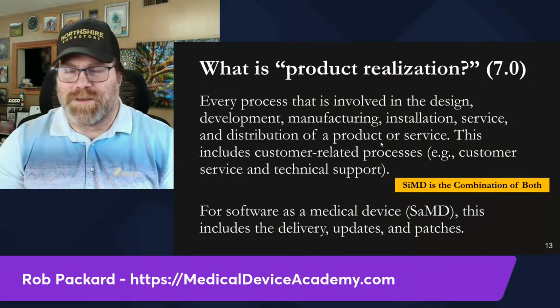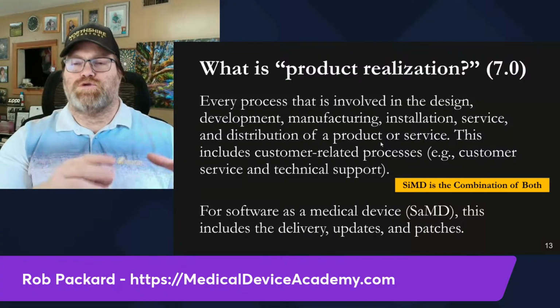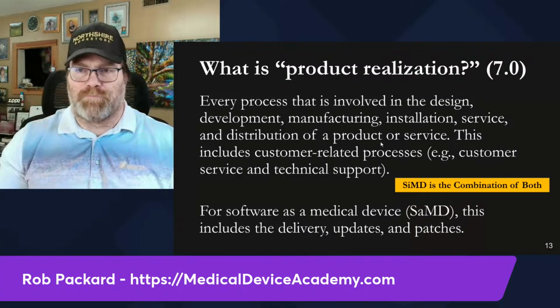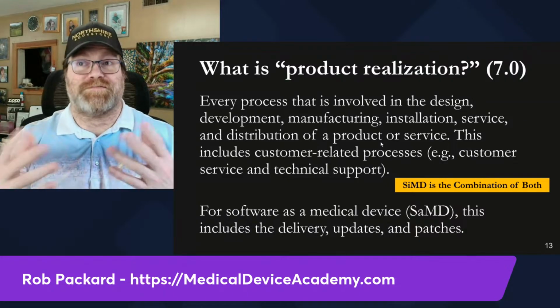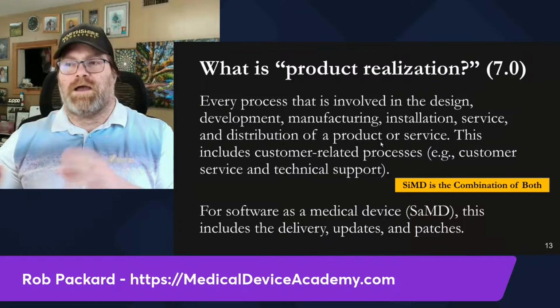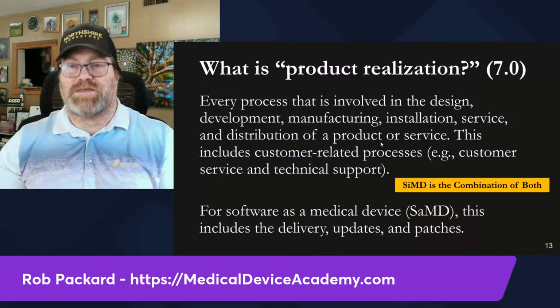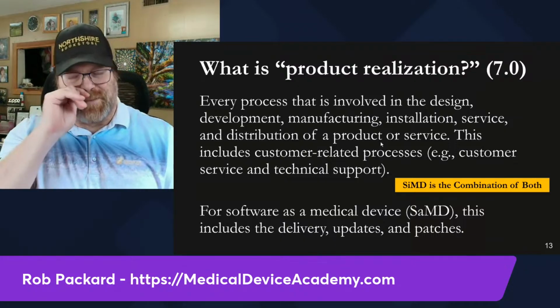What is product realization? There are a few places where they say you shall do this throughout all product realization processes, such as identification of status. Throughout all of product realization, you shall identify the status of the device with regard to inspection requirements or monitoring and measuring requirements.